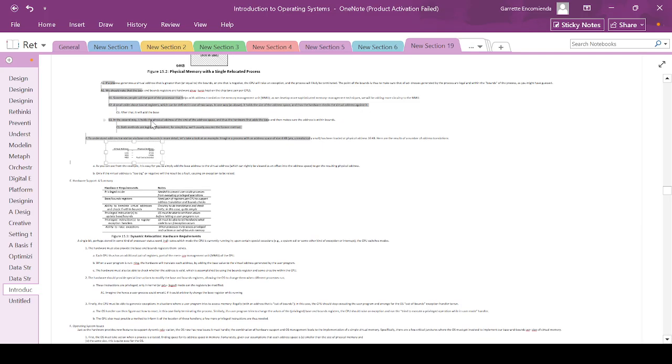management. A small aside about bound registers, which can be defined in one of two ways.